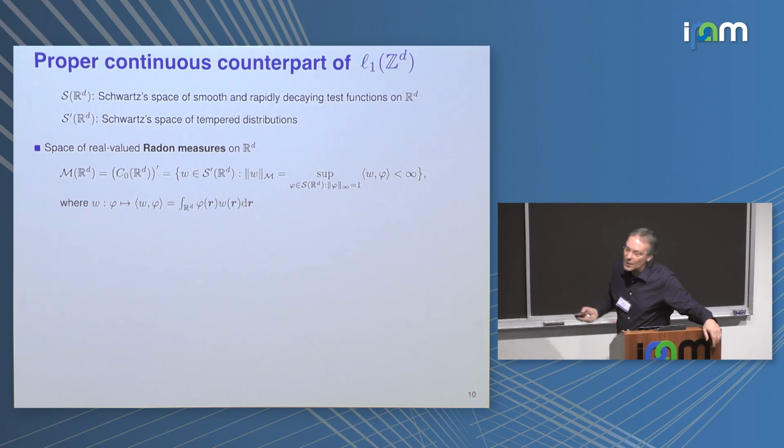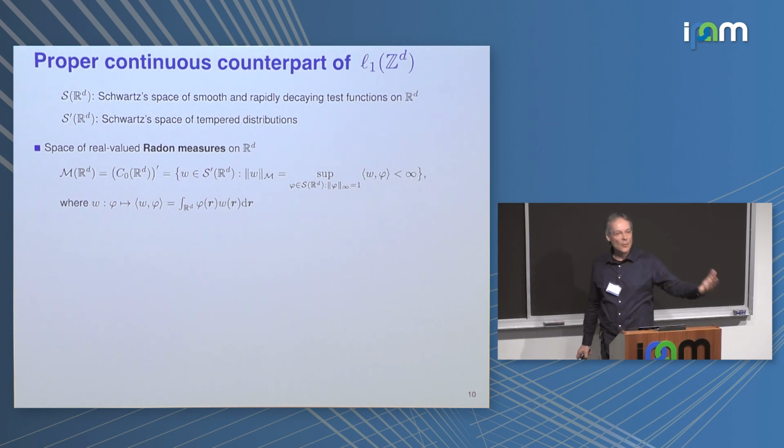But there's another way to define this M, which in some sense is easier. It's just the tempered distributions such that this norm here is finite. And what is this norm? This norm in measure theory is called total variation, but it's not the same as Stan's.